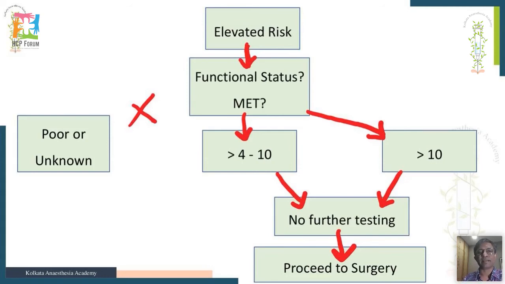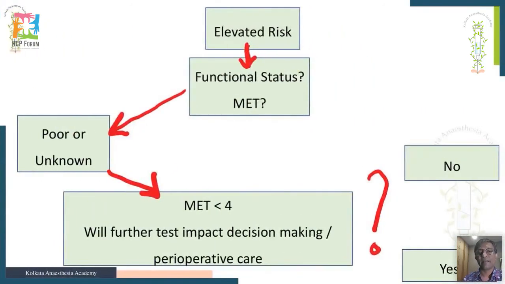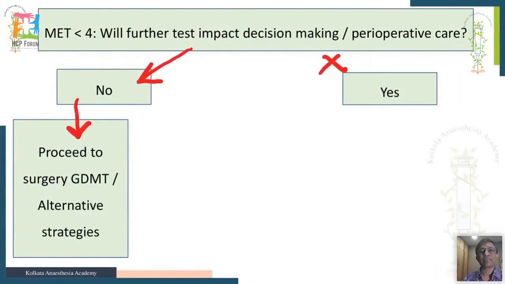If it is poor or unknown, this is when the second decision making comes. Shall I do further testing? Will it impact my decision making of perioperative care? Will it be yes or no? If it is no, we'll come through scenarios where you will figure it out.